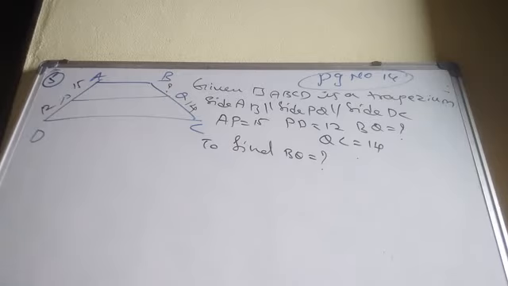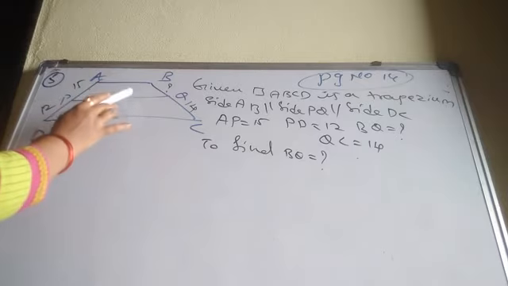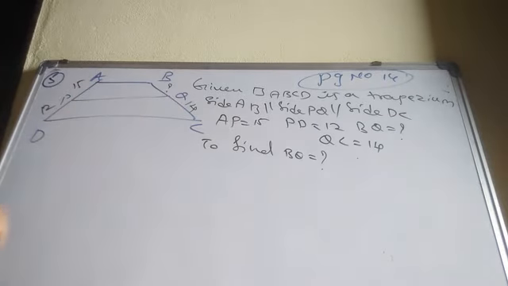And here how many parallel lines are there? Three parallel lines. We learned the last theorem, the third theorem, property of three parallel lines and their intercepts. So here AB is parallel to PQ is parallel to CD.